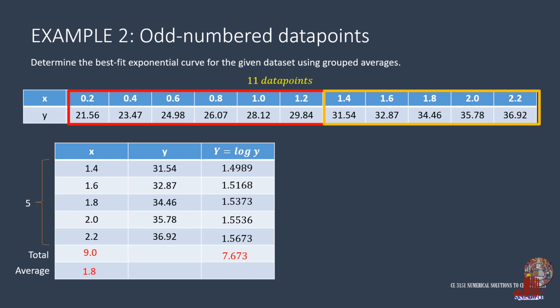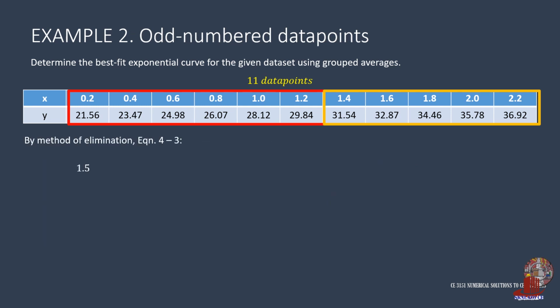Take the summation and get 7.6739. Then divide this by 5 to get the average as 1.53478. Thus, the second equation is known to be 1.5348 equal to 1.8A plus B.